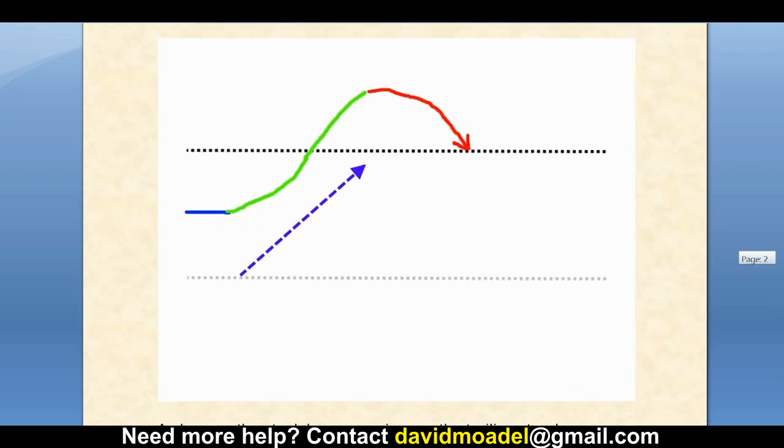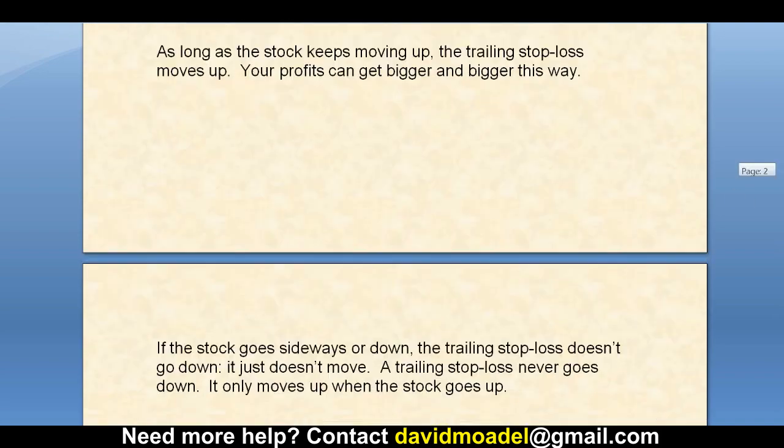So again, it can go up quite a bit. If the stock just kept going up, then that dotted line would just keep going up and up. And it wouldn't stay put until the stock started to go down. All right, but it can go up quite a bit before it starts to go down and you get stopped out finally.